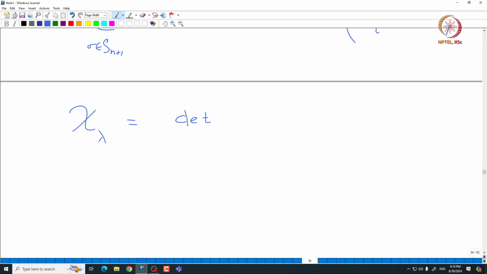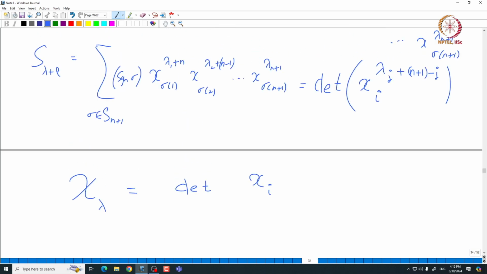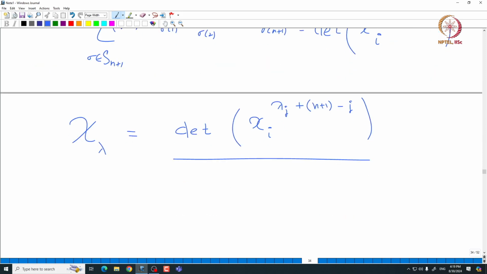So this is exactly the determinant of x_i^(λ_j+n+1-j) divided by the determinant of x_i^(n+1-j), where these are (n+1) times (n+1) matrices.